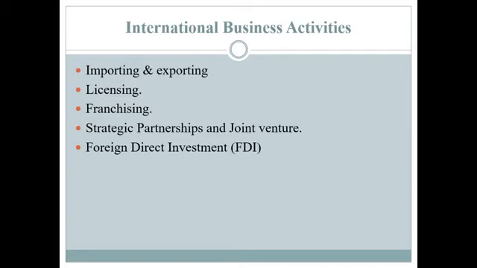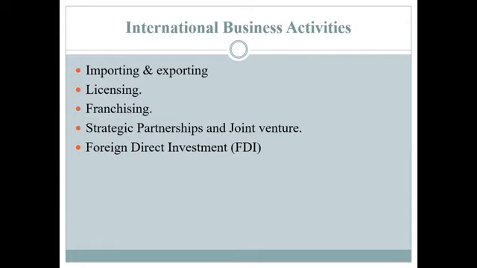To earn maximum benefits. Some foreign companies invest in our companies. They share their technological knowledge, their products, technologies and services, and earn maximum benefits through it. Such activity is included in foreign direct investment.